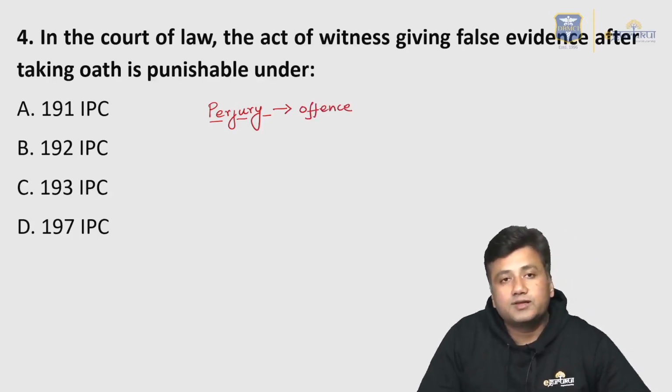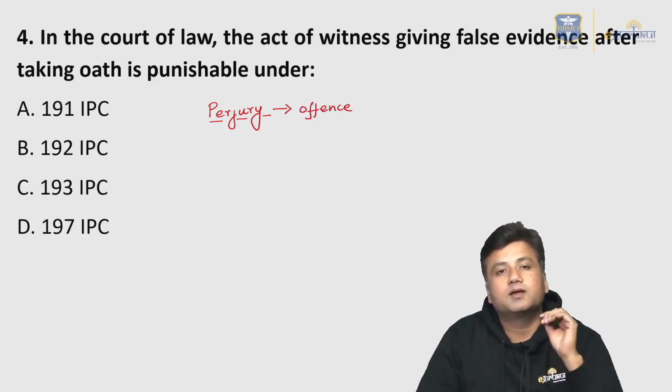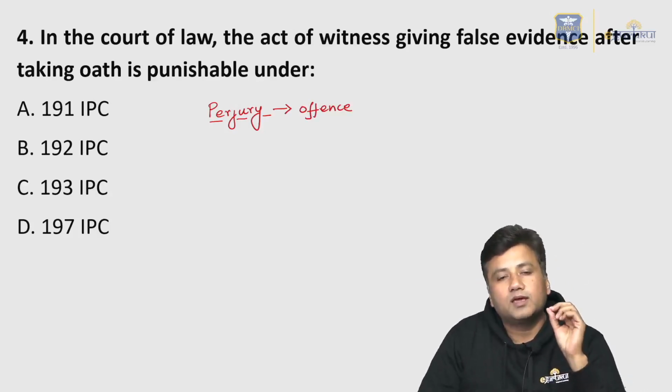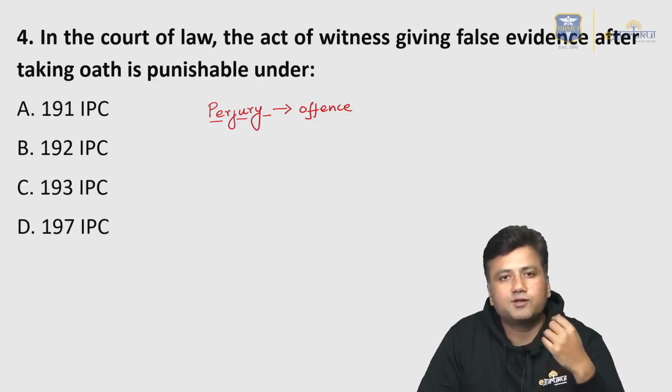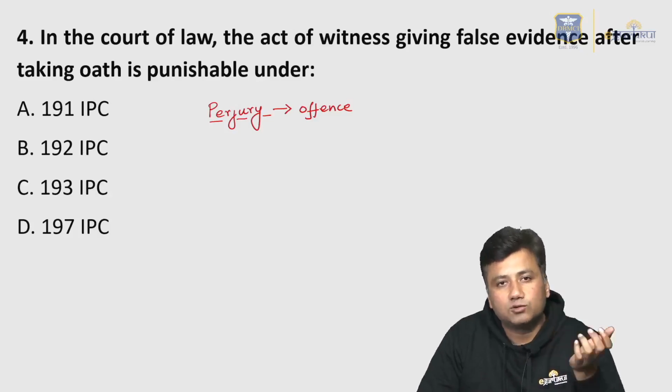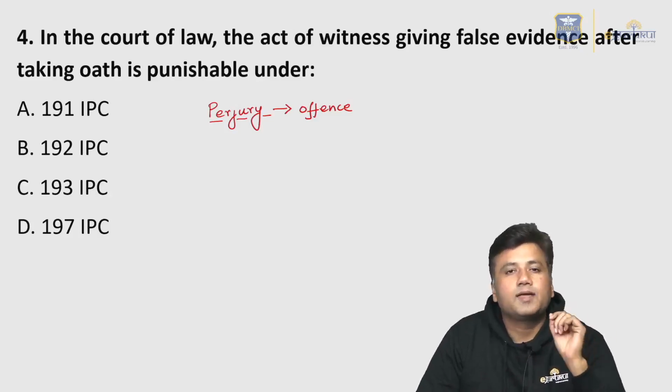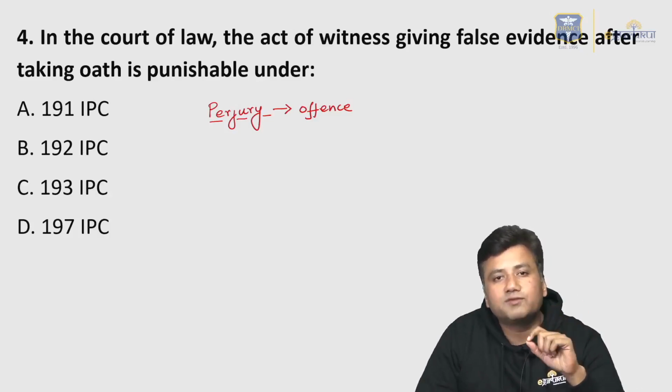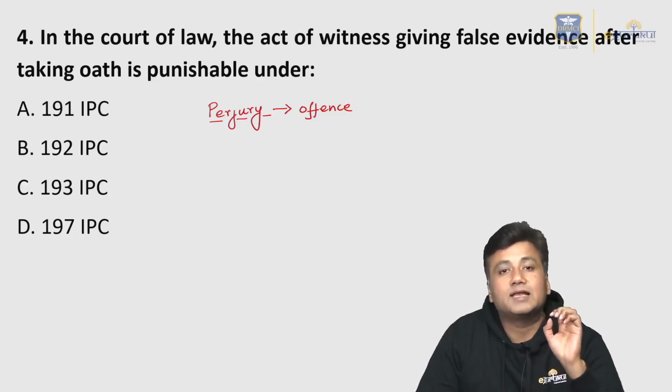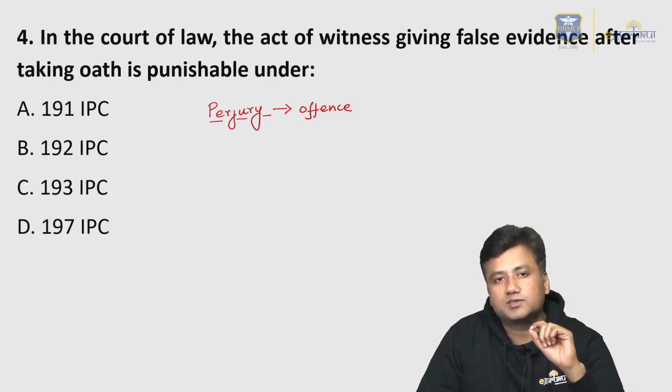And what exactly is perjury? Perjury is, in the court of law, while a witness is giving an evidence and the witness is under oath, because every witness which moves to court of law is under oath to deliver the truth, and under oath, when a witness gives a false evidence, which means the witness lies, that offense is called as perjury.